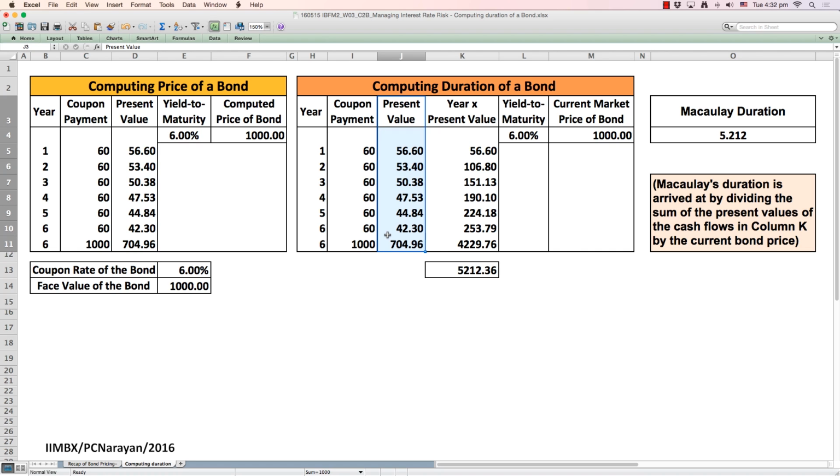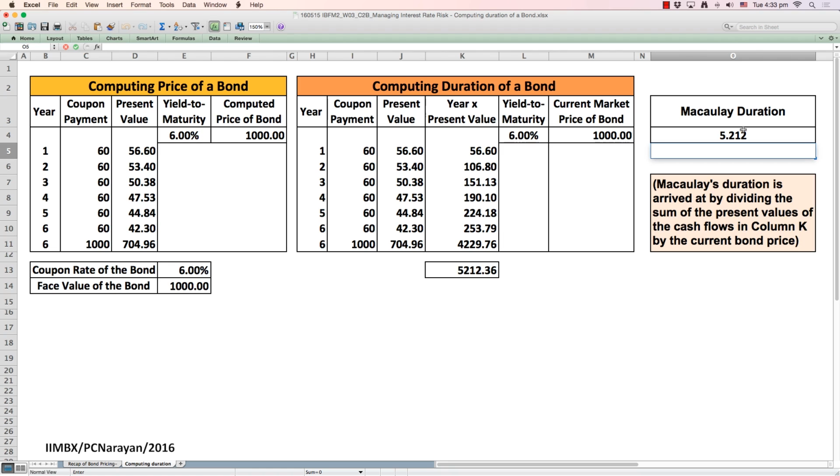The additional column is the year into the present value, and this is because of the definition of Macaulay's duration. Macaulay's duration is arrived at by dividing the sum of the present values of the cash flows in column K, which is this, by the current bond price. So the sum of these is 5212.36 divided by 1000, which is the current bond price. So you get a Macaulay's duration for this bond, which is 5.212.